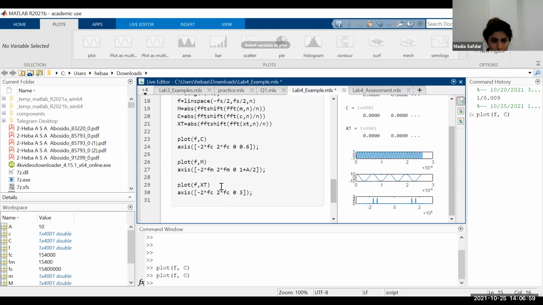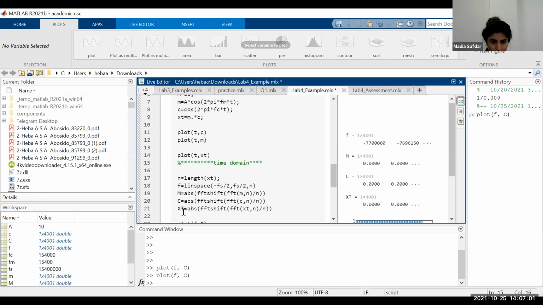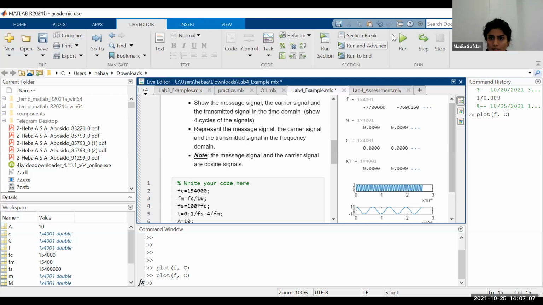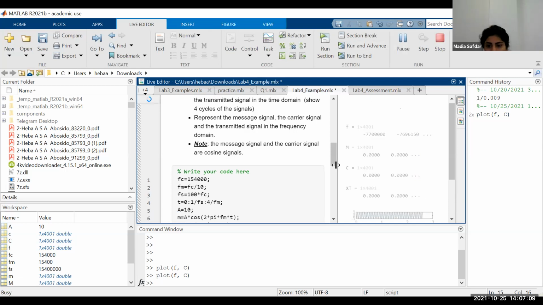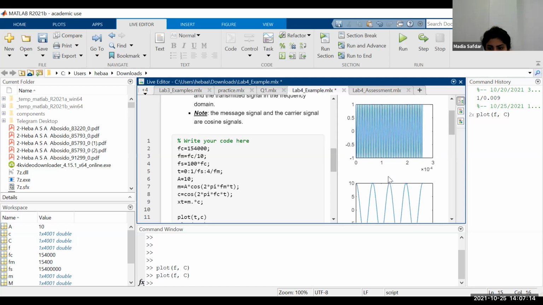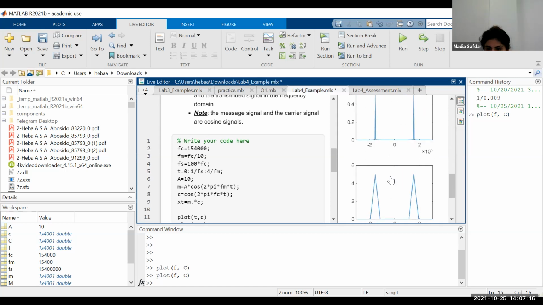And now from here this is all frequency domain. Okay. So first, in your case this is not running. There is some problem with your plot. Let's see. This is carrier. Okay. Now this is running correctly.